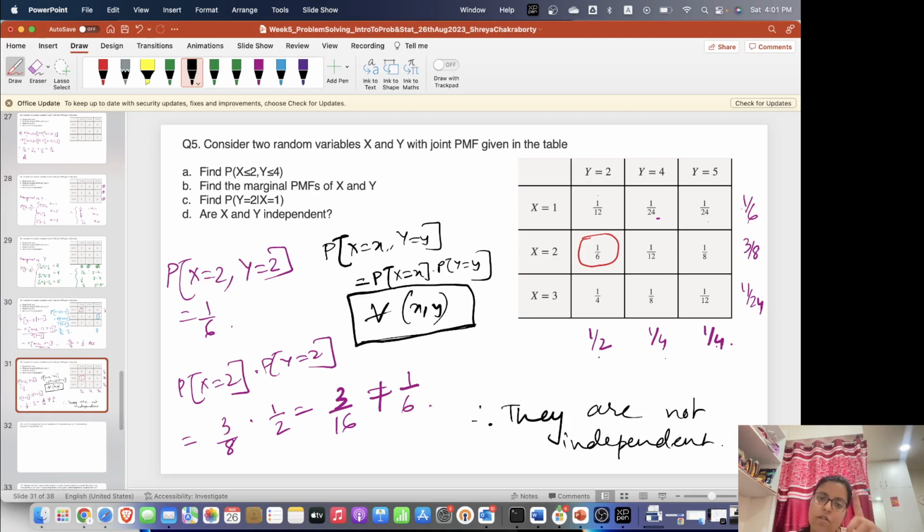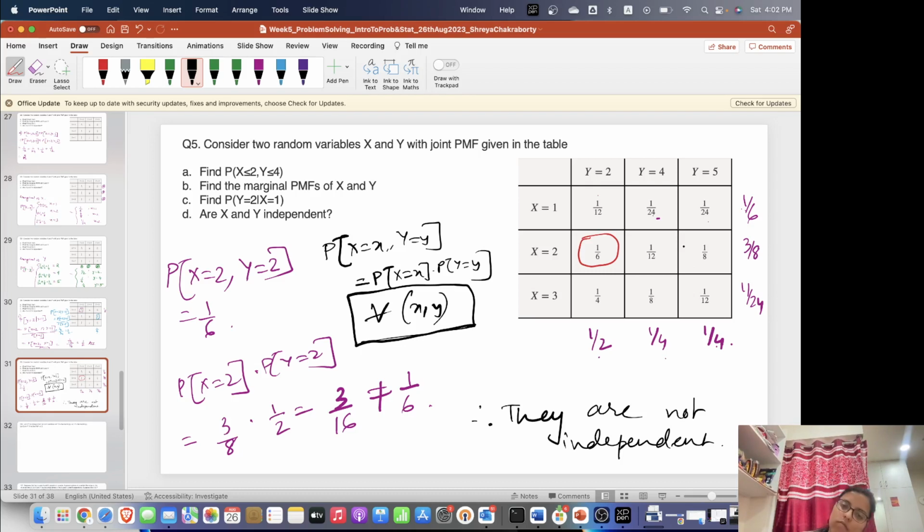If we can find at least one pair where this is not satisfied, it means they are not independent. If it were independent, this would have held true for all pairs.